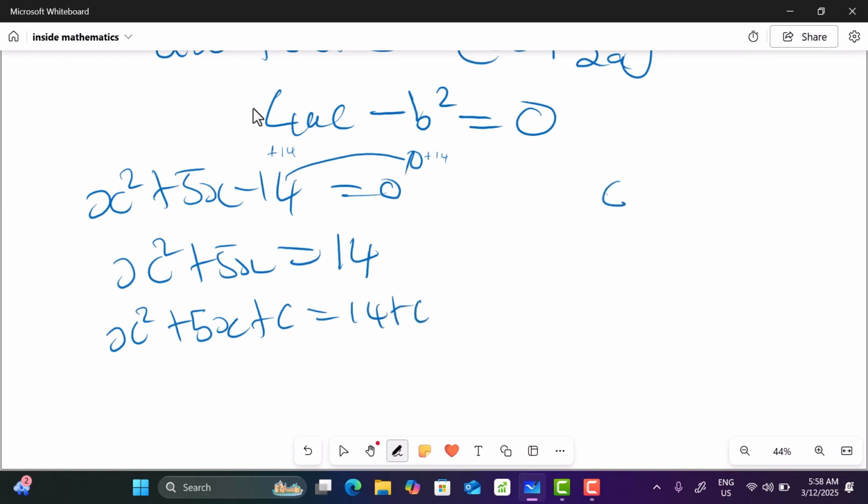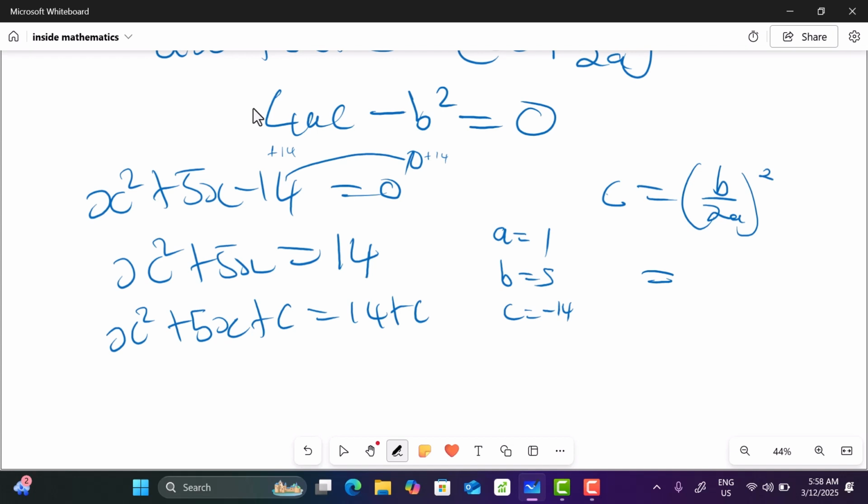In a perfect square, the constant is nothing but (b over 2a) squared. That's the constant. When you look at your quadratic equation, you see that a is 1, b is 5, and c is minus 14. So you focus on the value of the constant that you want to add to both sides.